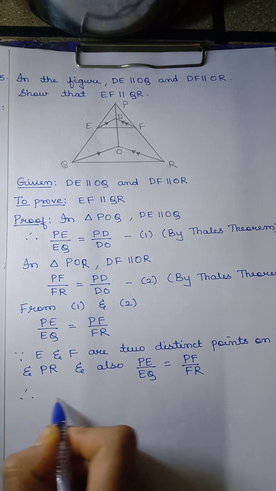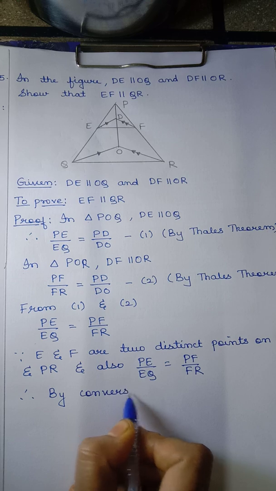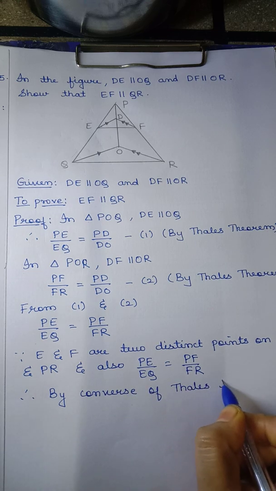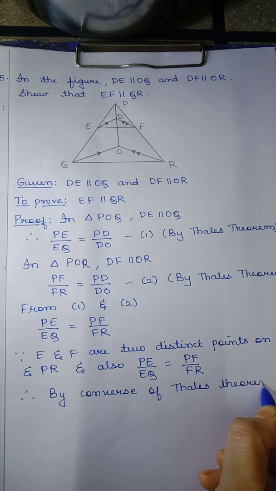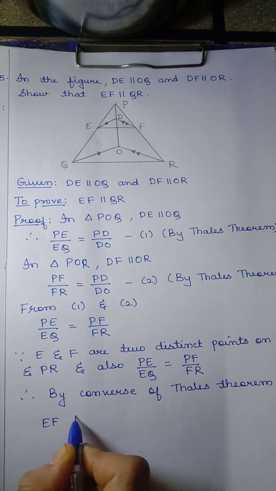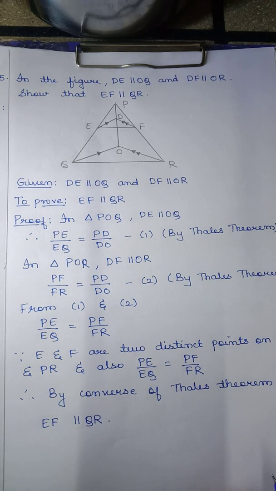So therefore by converse of Thales theorem, EF will be parallel to QR. Okay, so this completes the proof, children. The remaining questions will be solved in the next video.